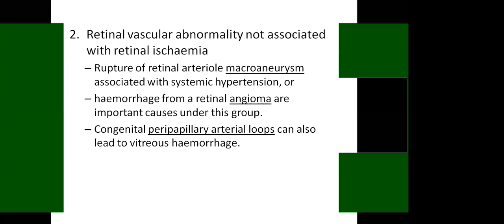So retinal macroaneurysms that may be associated with systemic hypertension or not, a retinal angioma, congenital peripapillary arterial loops can also cause vitreous hemorrhage. These are not very common, but they do exist, and they are an important mechanism to have at the back of your mind when faced with a patient with vitreous hemorrhage who has no underlying cause for retinal ischemia.